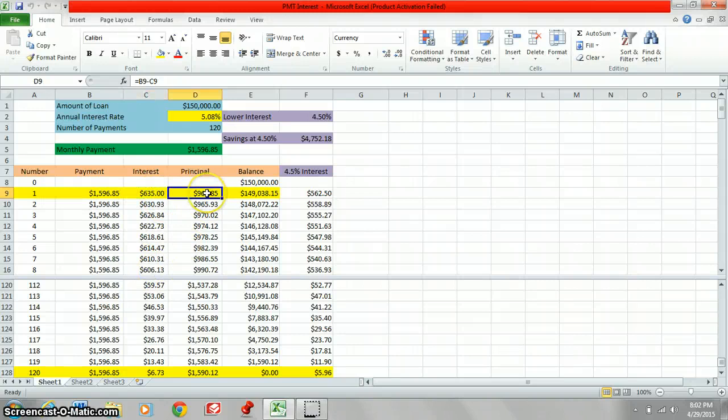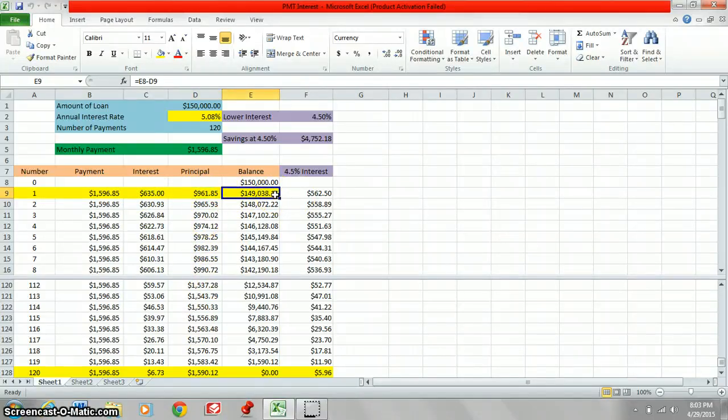And your principal is just B9, so that'll be every payment, minus C9, which would be your interest right here. And then you fill that all the way down again to 120 payments.